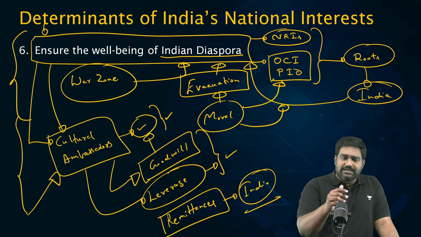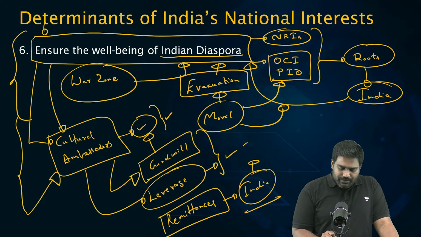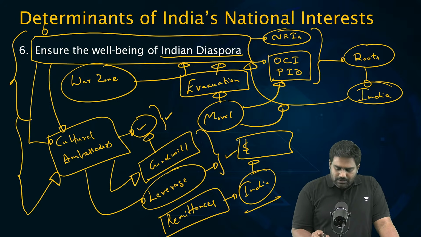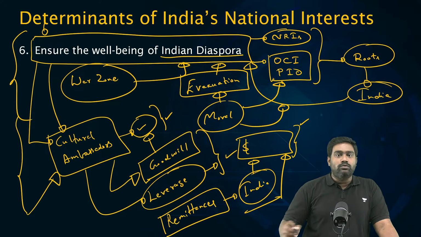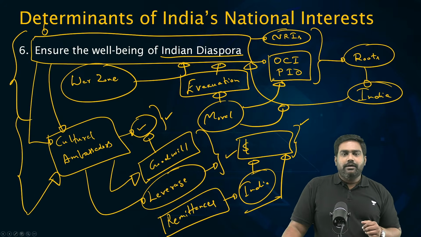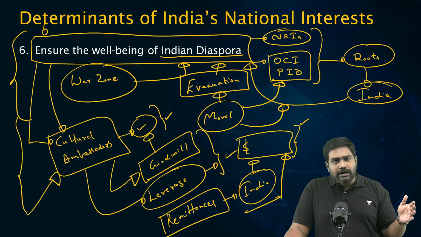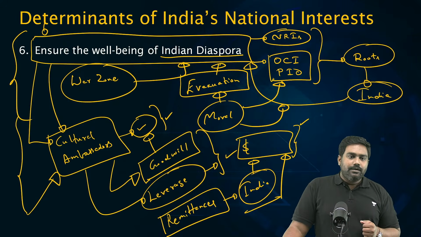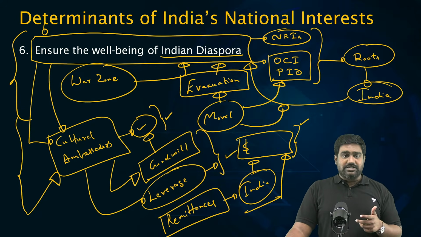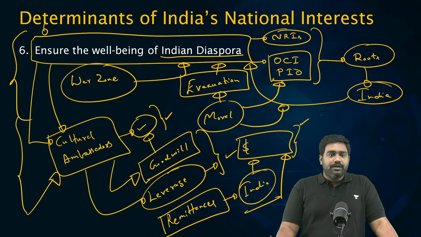Any idea? Can someone mention in the comments? What is the worth of the remittances that are bound towards India in a given year? Do you have any inclination regarding how much remittances we get? Today, India has become the world's largest recipient of remittances. We've overtaken China as well.